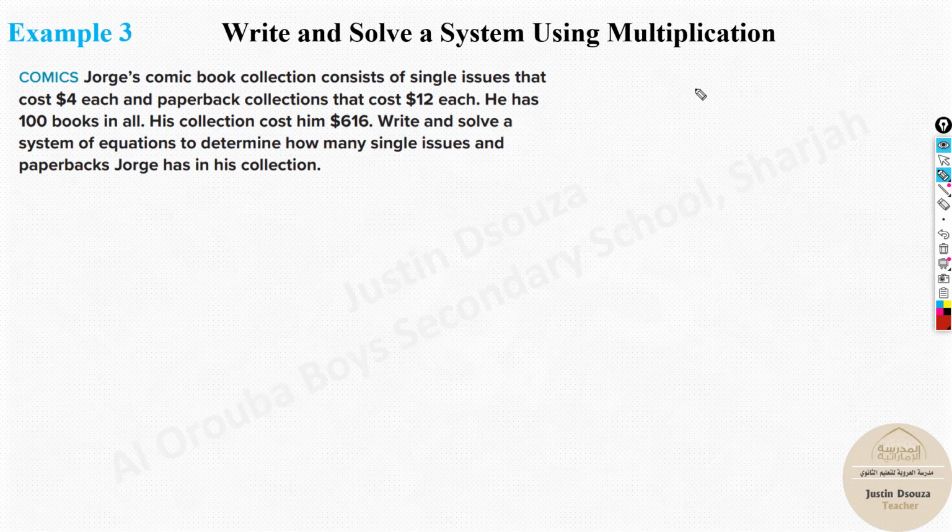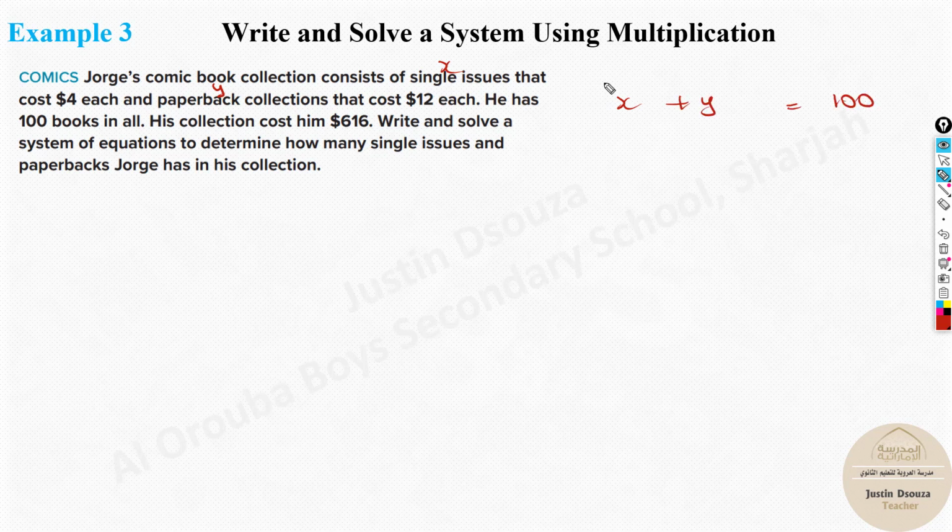So whenever they have told he has a total of so many books, the first kind of comic book is single issue and the other is paperback issue. So I will use x and y. This single issue, I will consider it to be x and paperback to be y. So if I add x plus y, how much is the total books he has? It's 100.